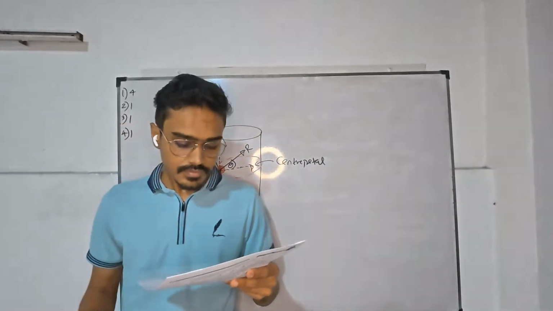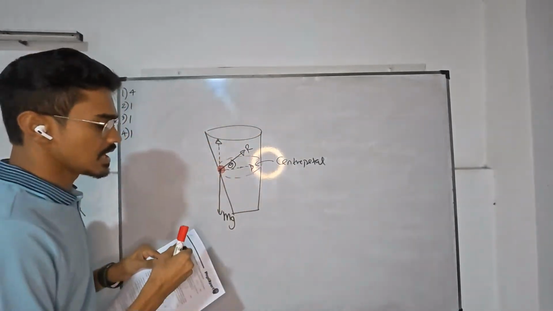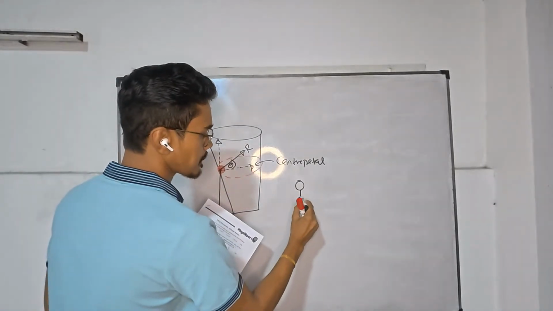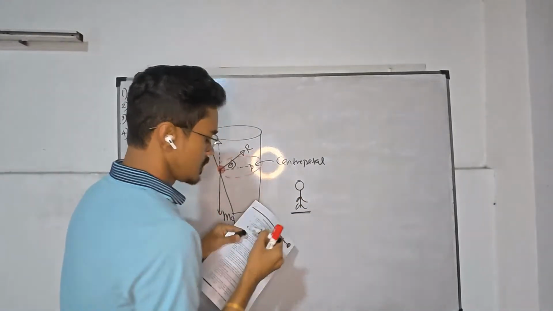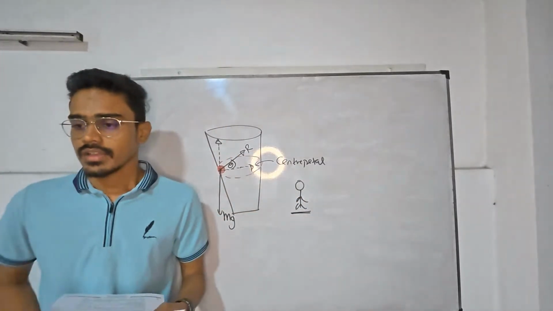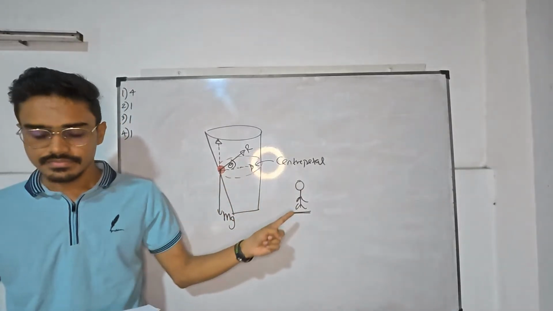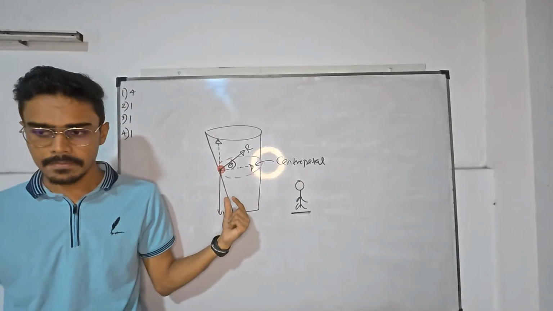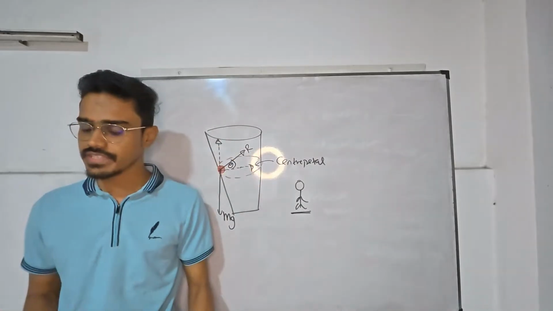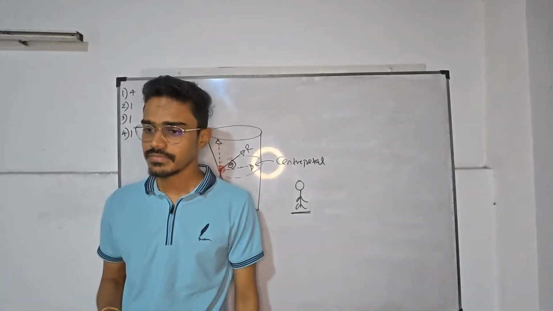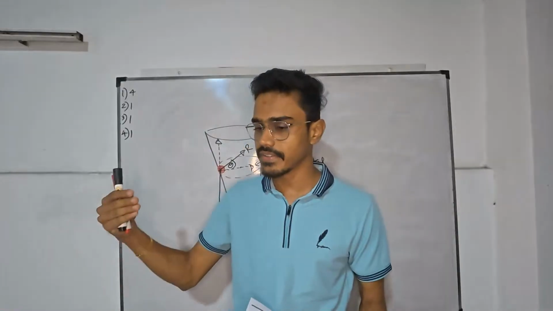Now, as observed by a person here, mg can be seen, and R is also visible, because it is in contact with the wall.